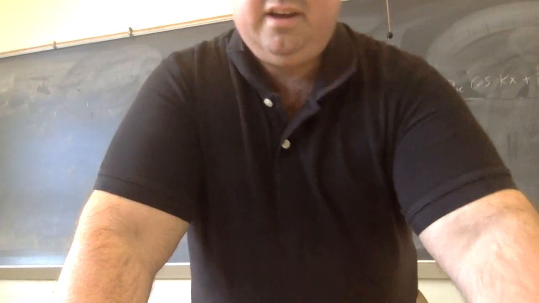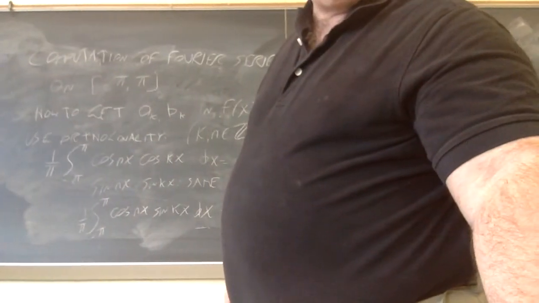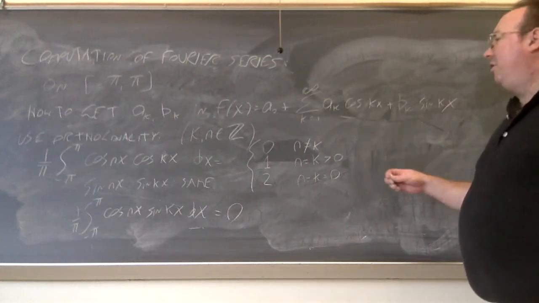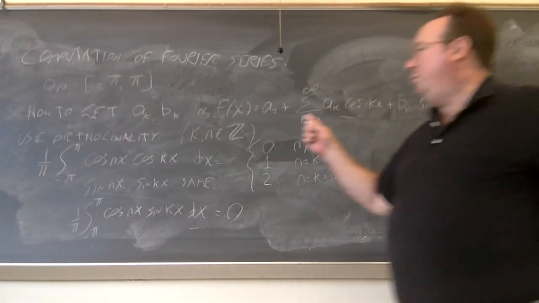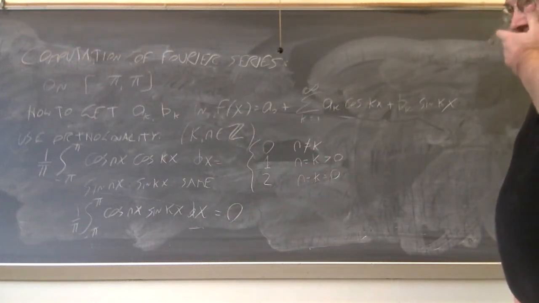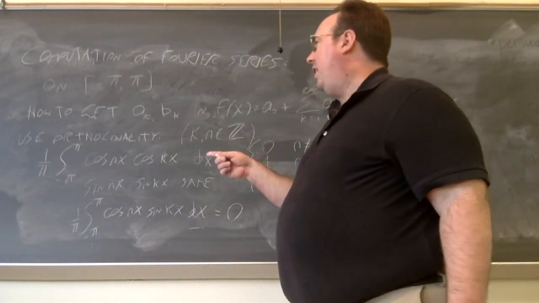Okay. Well, QuickTime crashed, so I need to quickly recap what I had here. So this is a form of my function, and we want to figure out how to get the coefficients AK and BK. So what I was writing when I discovered the crash was this. Cosine, if you're working on the interval minus pi to pi, that's very important.